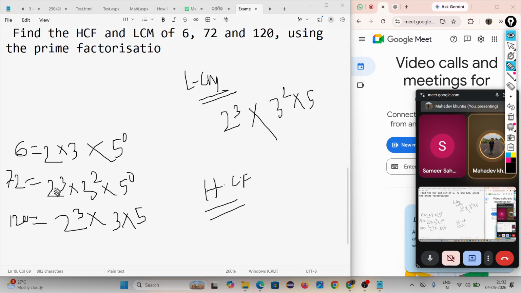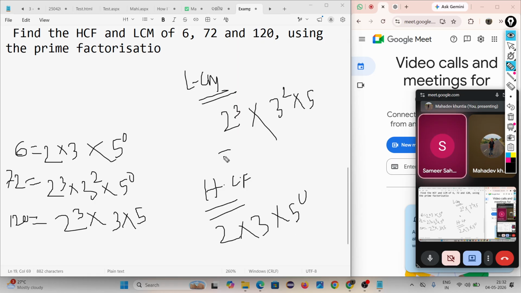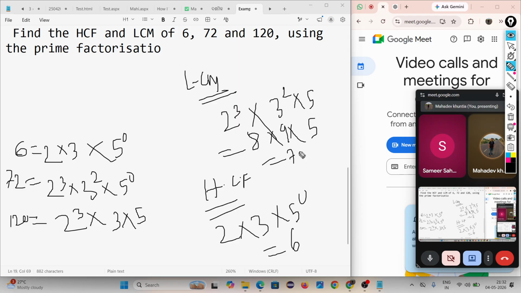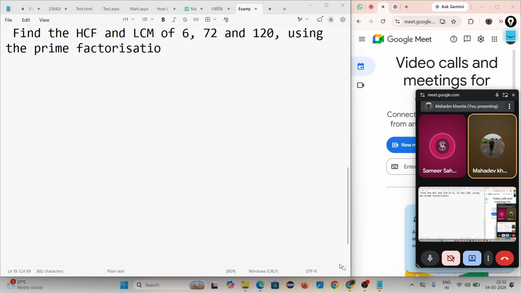For HCF, take the lowest exponent: 2 to the power 1, 3 to the power 1, 5 raised to the power 0. So LCM is 2 raised to the power 3, that is 8 into 9 into 5, which is 360. HCF is 6.